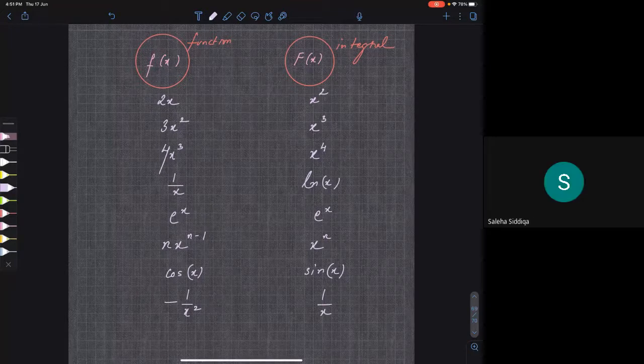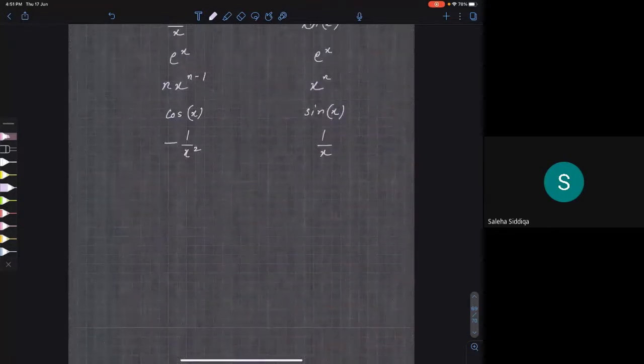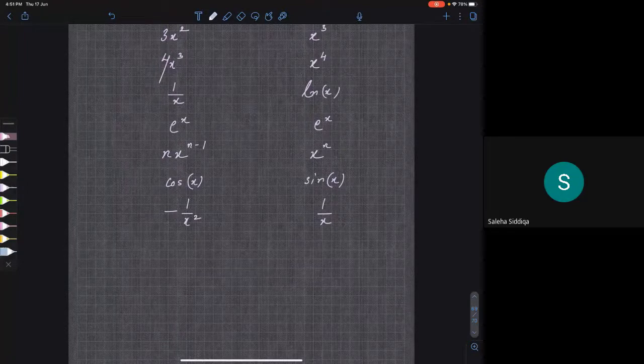It is reverse. So the conclusion is this. I'll write down technically how to write that.